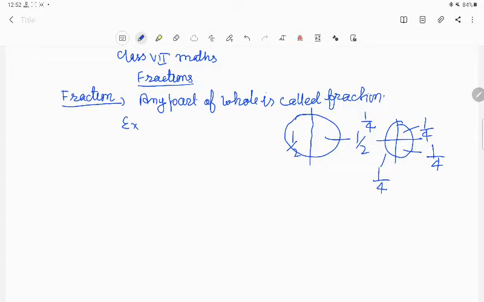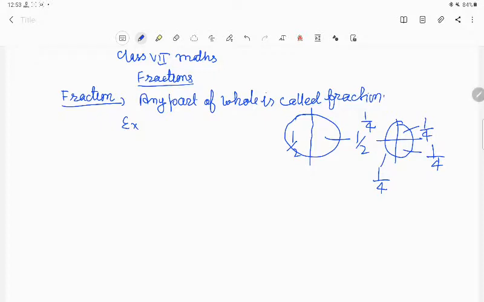So that is clear by this definition and by this example. If you divide any number into parts, that part is called fraction.